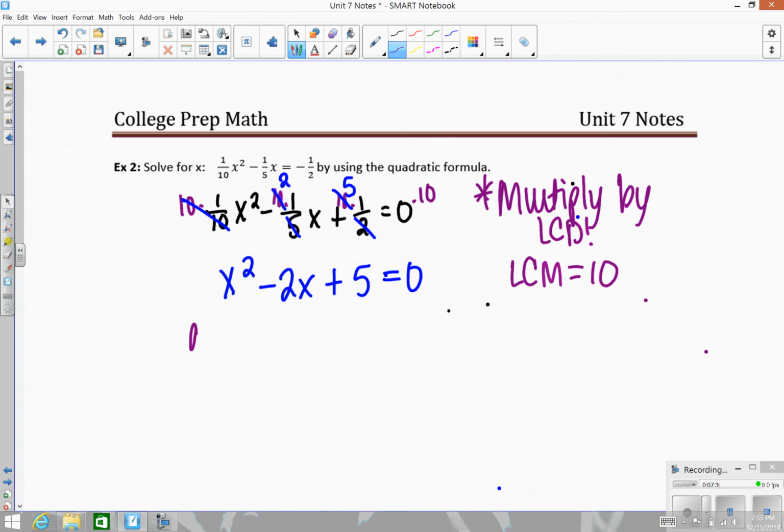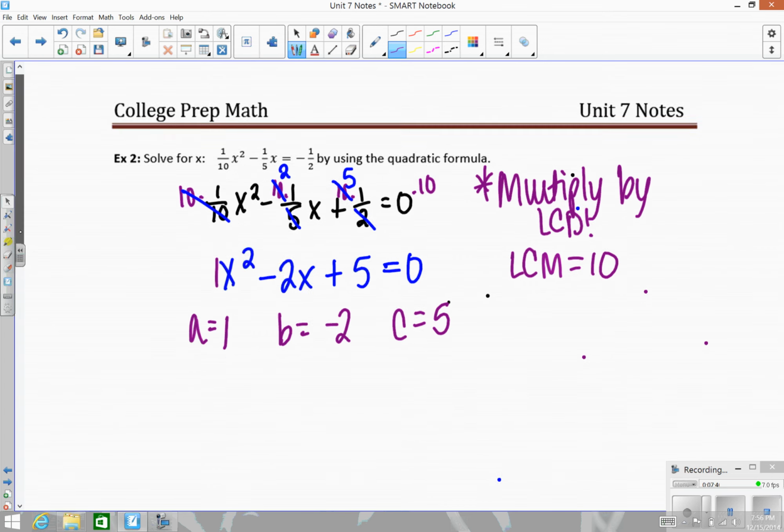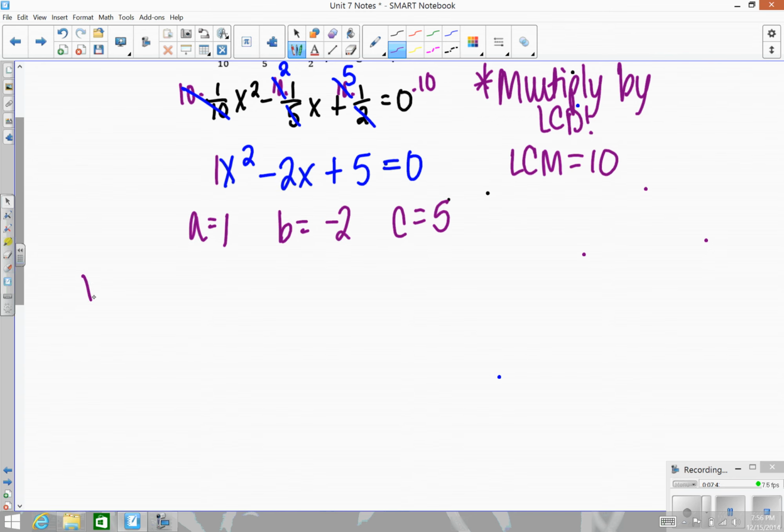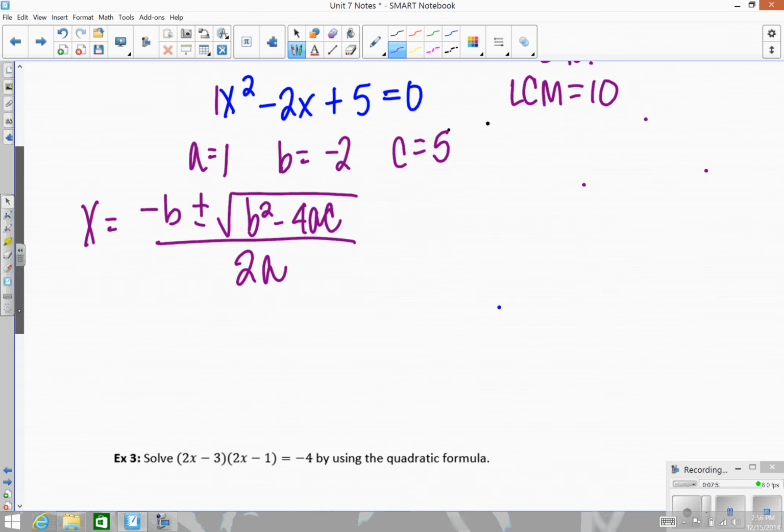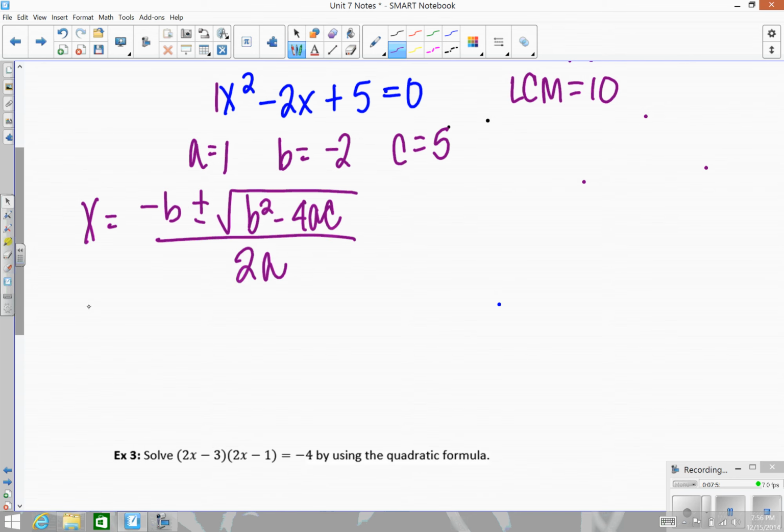So I'm going to identify a is going to be 1, the number in front of x squared. b is going to be negative 2, and c is going to be 5. And we're going to plug into the quadratic formula. So x equals negative b plus or minus the square root of b squared minus 4ac, all over 2a. So when we plug in, again, keep your parentheses.